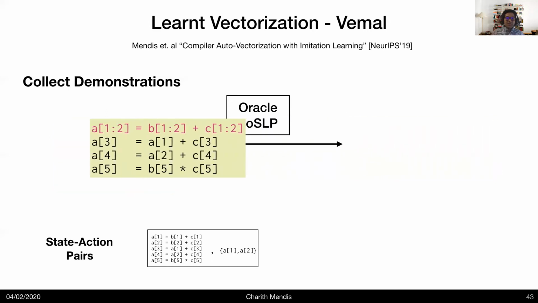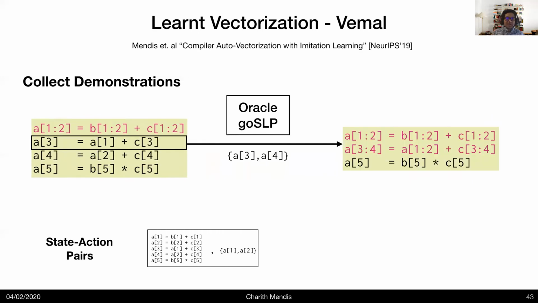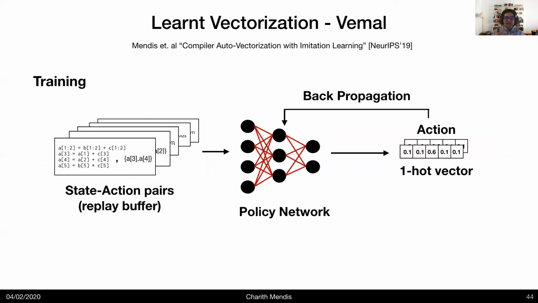And we fill this buffer using all the programs and all the states that we can see in our training set. Okay. Once we have this buffer, we can use it as a supervised data set to learn a policy network to select the best action to take at a given state.